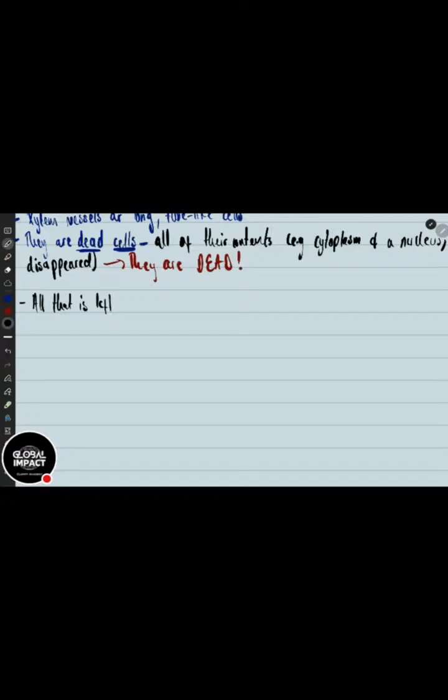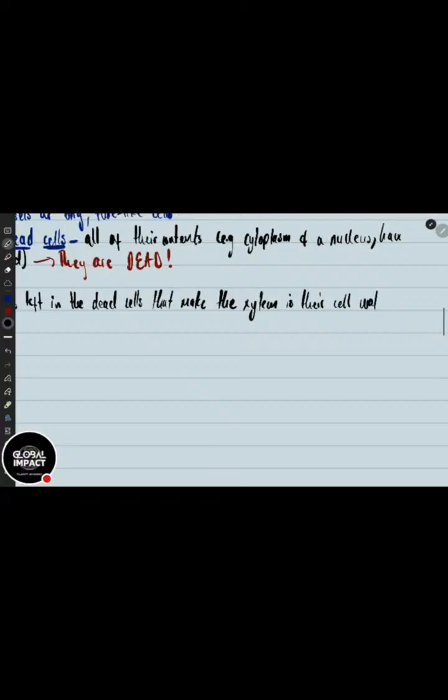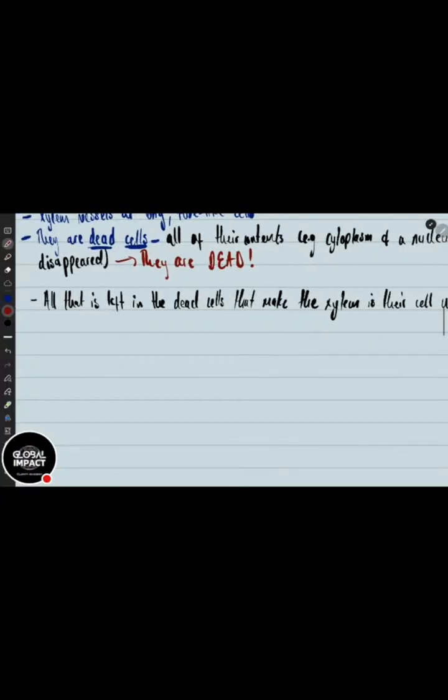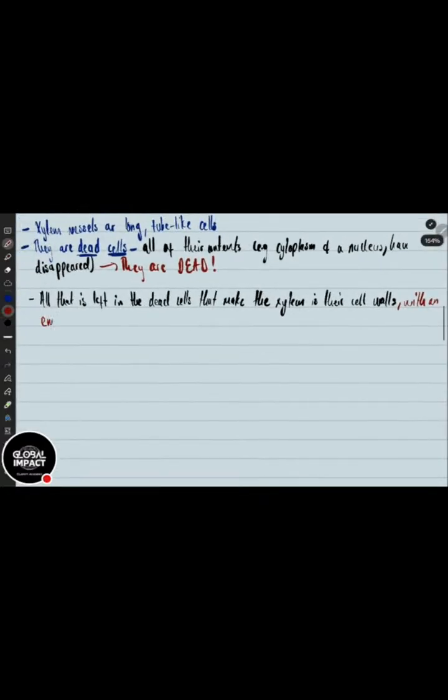All that is left in the dead cells that make the xylem is the cell walls. Say they are cells with an empty space inside.